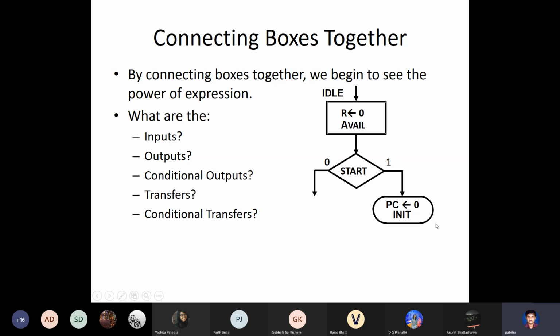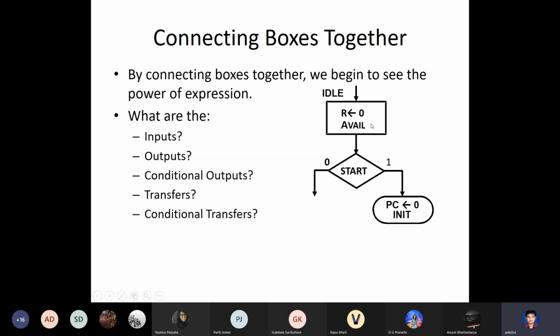Oval gives an output, or maybe some action. So here the output is PC is written a value 0. Some init output is given, and then maybe it moves to another state. Similarly, if start is 0, maybe it goes back to the idle state. Maybe this will loop back to idle state.